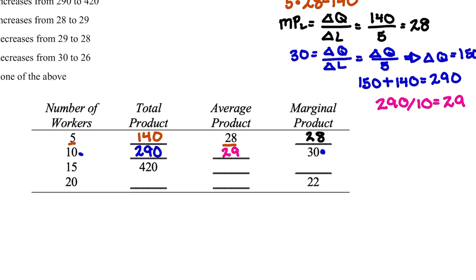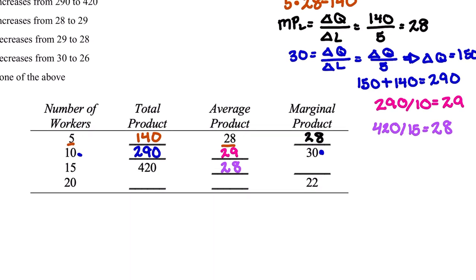So our next one, it tells us our total product is 420. So 420 divided by 15 gives us 28. To find our marginal product, we're going to need to determine how much output increased for these 5 workers.